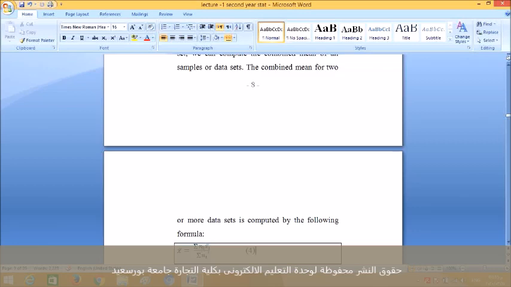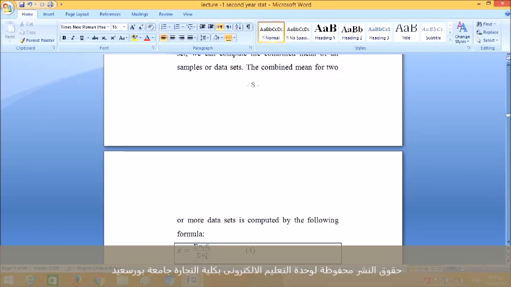So you have to multiply every mean for every sample by the size of this sample, get the summation of all these products for all samples, and divide by sigma n, which means the size of all samples.